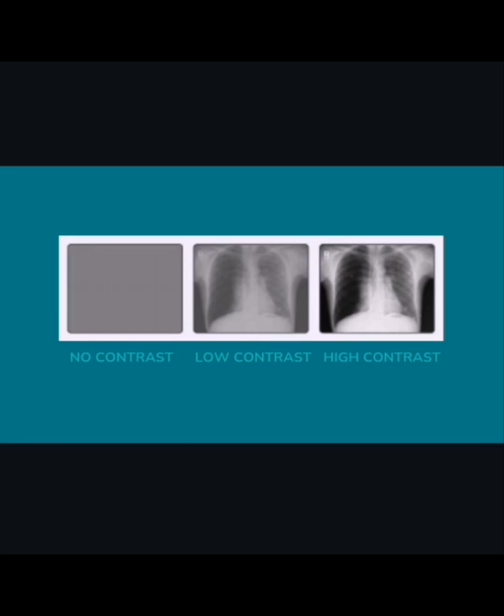So, kung i-compare natin siya sa first and second image, yung third image is more on black and white color na siya. Kung i-base natin siya sa sinabi ko kanina na ang high contrast is more on black and white color, then low contrast is more of shades of gray naman.